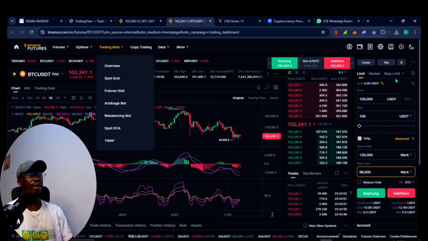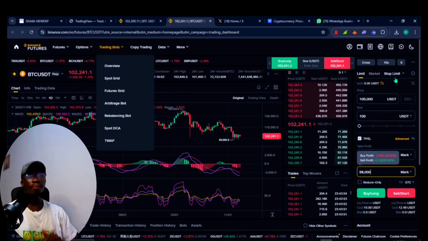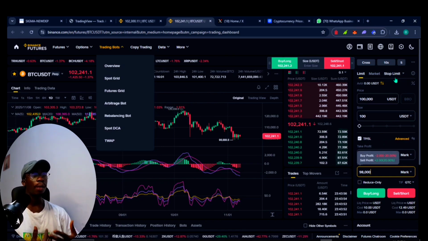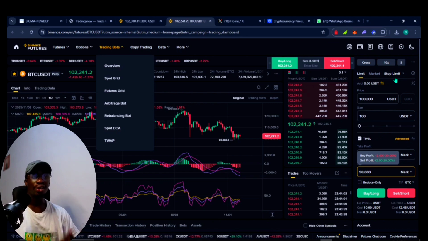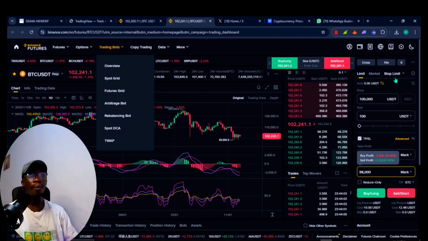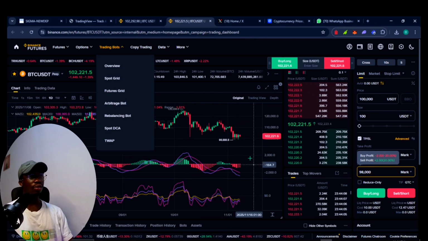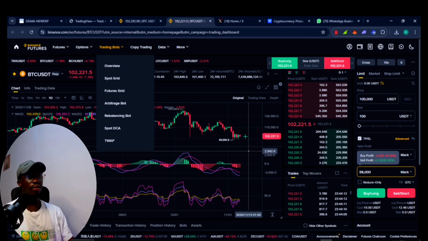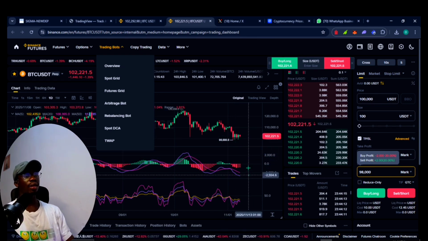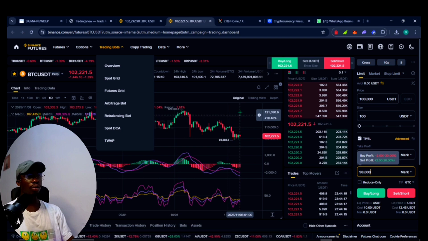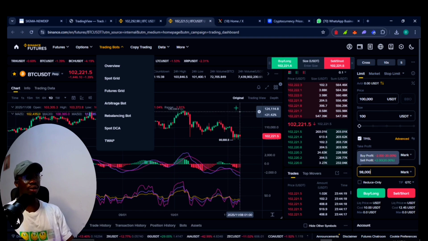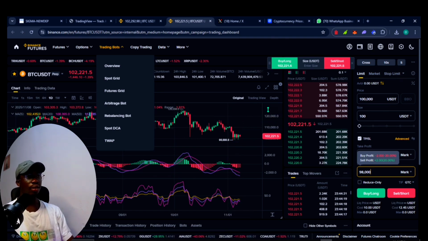Now, let's talk about how you can use the stop limit order. The stop limit order is one of the most beautiful types of order I like to use as a trader because it allows you to give a condition to the market. And what is this condition? Let us assume that you believe the price of Bitcoin is going to get to $90,000, but you know from your analysis that for it to get to $90,000, it has to hit a rooftop of resistance at $120,000.